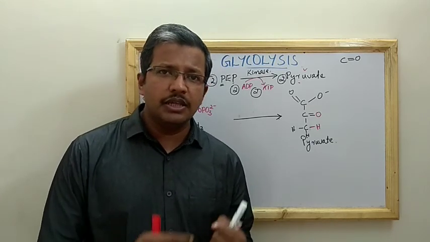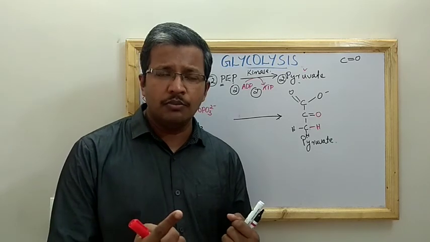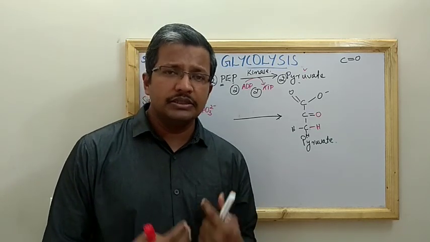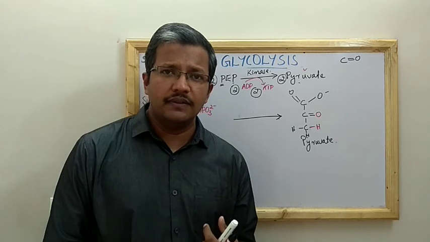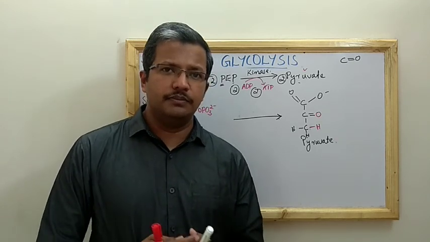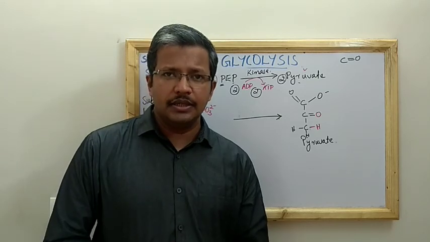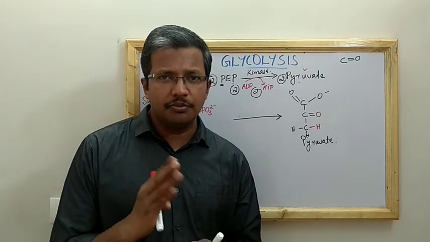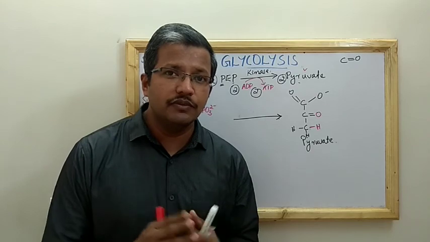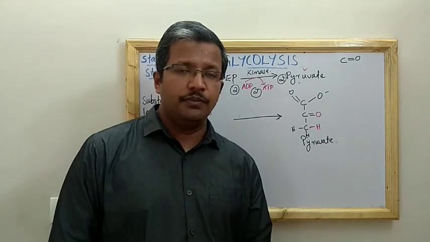Actually speaking, one reaction will create only one molecule, but in glycolysis 2 molecules are involved. As a result, 4 ATP are formed. So that's the briefing of glycolysis. Make sure that you learn this properly, because this will be one of the questions for an essay, 8-mark question.